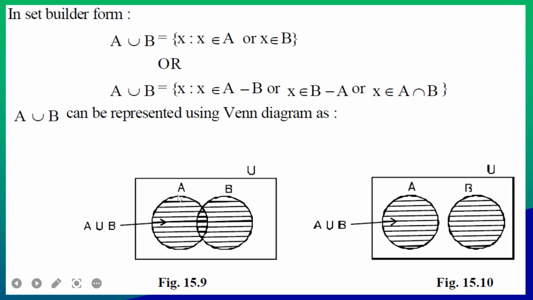Yun ang may shaded part. Kasi pagsasamahin yung element si A at B. Kapag wala naman, if they are disjoint, pag kukunin ng A union B, we're going to shade set A and also set B.